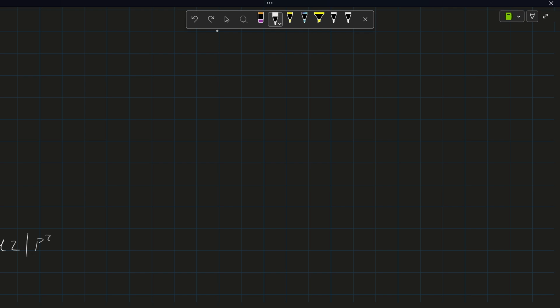Let's say we want to prove that the square of an integer. So the square of an even number is divisible by 2. Oh, that's too easy. The square of an odd number is not divisible by 2.